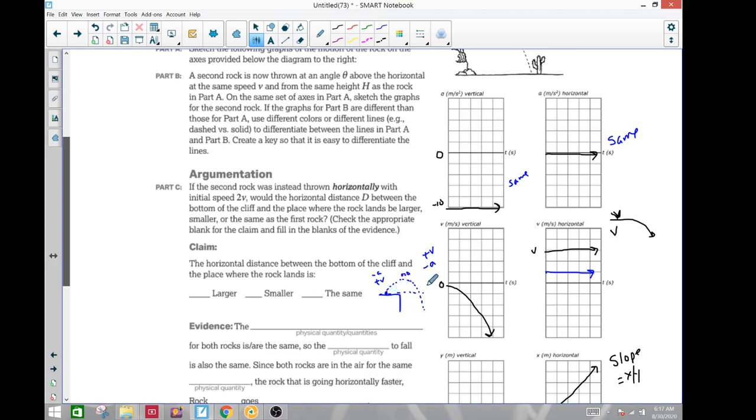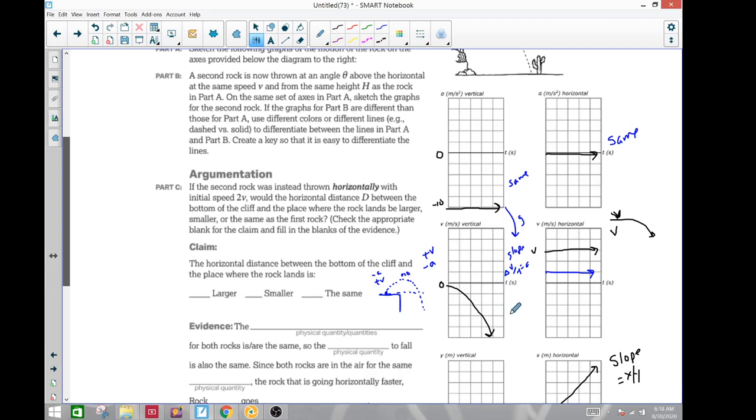Now the slope of this graph is the change in velocity divided by time, which is acceleration. So notice that the acceleration in this situation is constant. It's g, it's gravity. So my slope in this line should be flat.